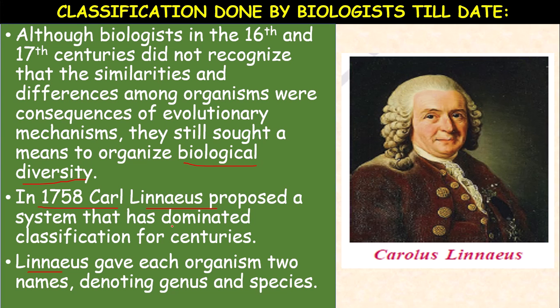For example, take Homo sapiens, the scientific name of human beings. H starts with a capital letter. Homo is the genus. Sapiens, S-A-P-I-E-N-S, is the species name. Homo sapiens stands for human beings.